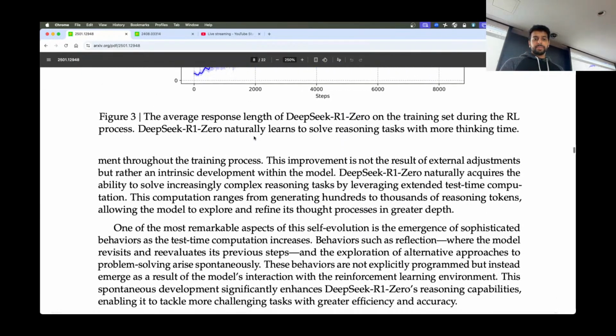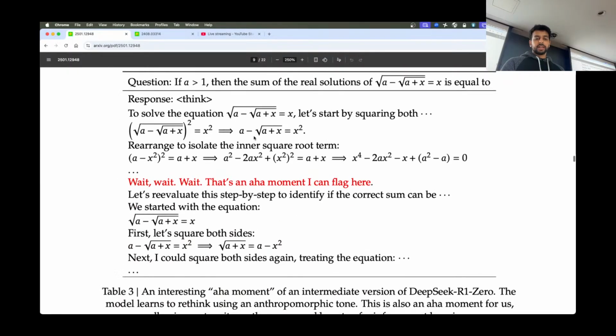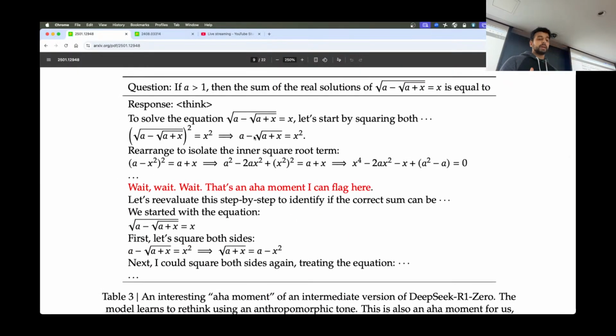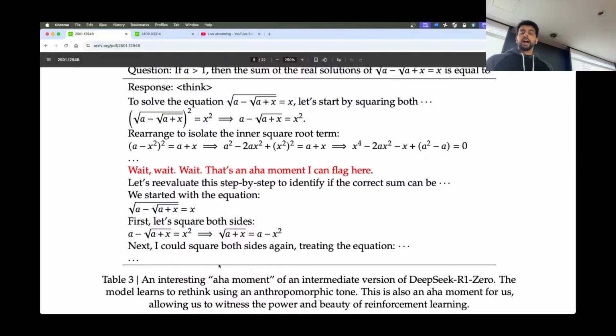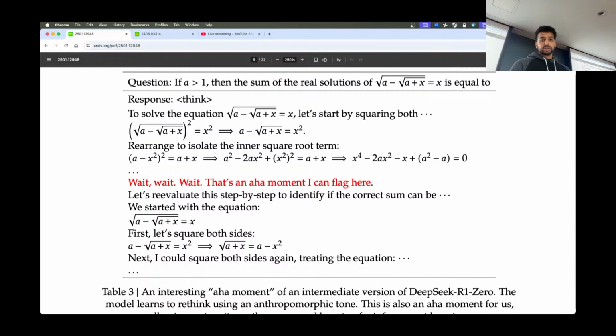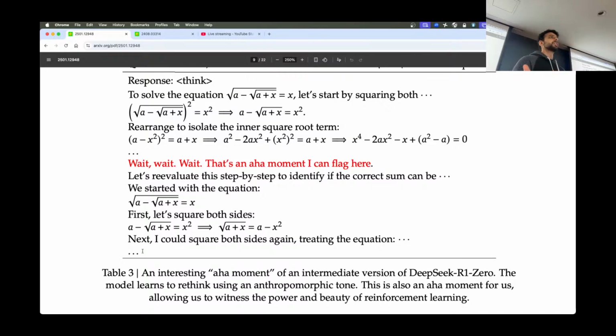And the final thing that was very exciting to see from this paper is what they call an aha moment during the thinking process, where you can see this question and here's a response. It starts with the think token, it does this stuff, and then it says, wait, let me reevaluate this, and then it backtracks, tries something else, identifies that it did something wrong initially, and finally produces the right answer.